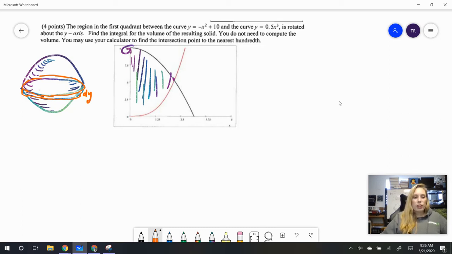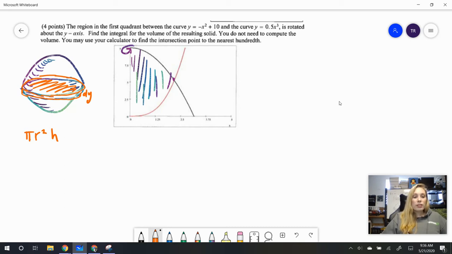To find the volume of a cylinder, you need to know the area and the height. The area of a circle is pi r squared, and then we multiply it by the height. That gives you the volume of this little cylinder.